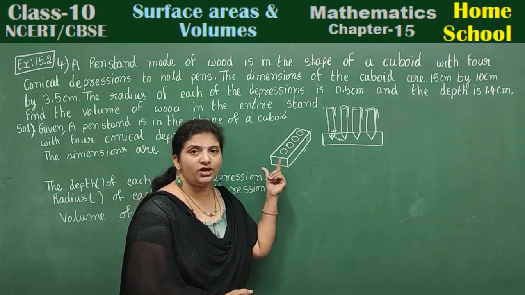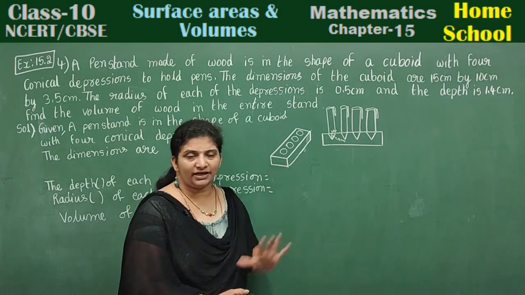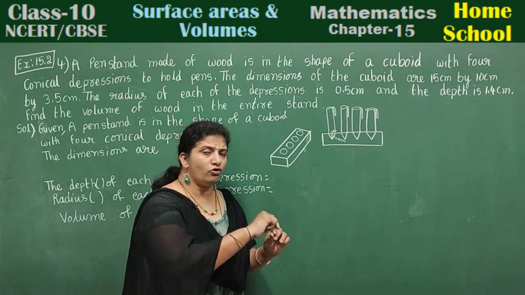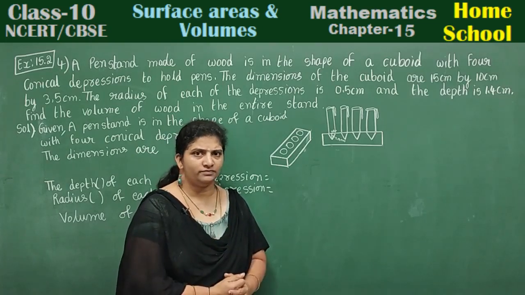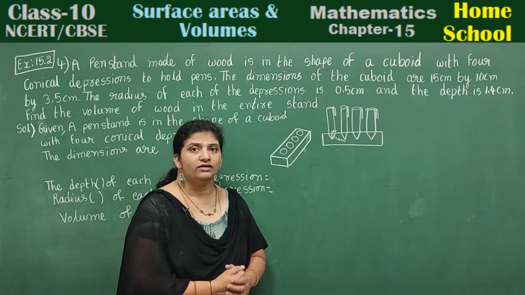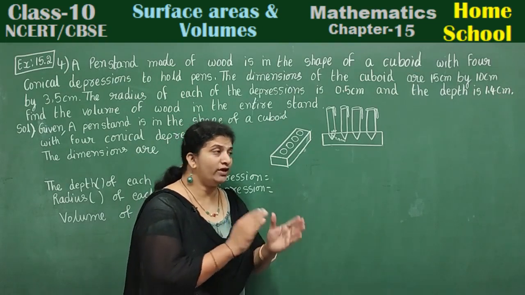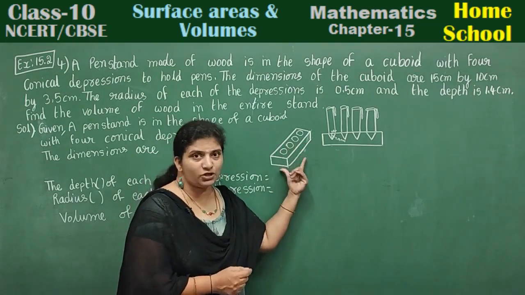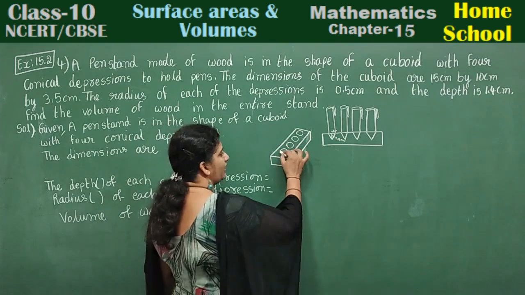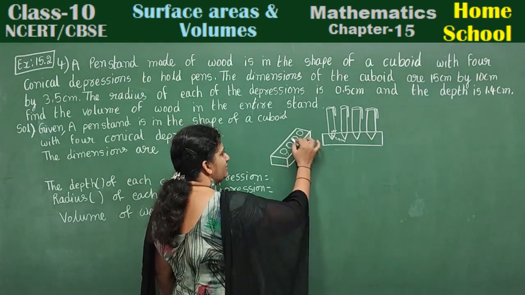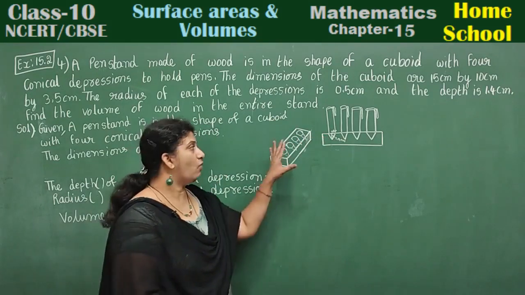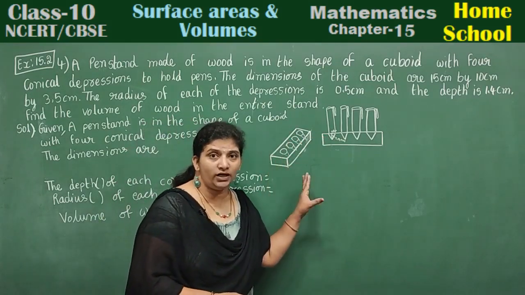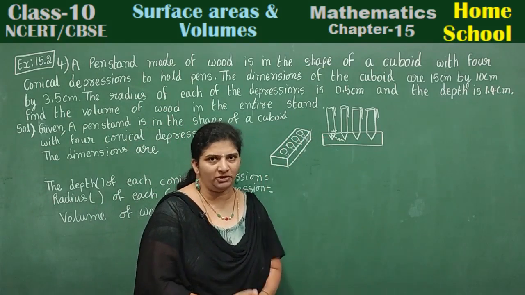Imagine this is a cuboid, length, breadth, height given. Then 4 cones are removed. Okay, 4 depressions are made. After removing 4 cones from this cuboid, how does it look? You just imagine, is it like this? Yes. Now what is the remaining wood volume is your problem.